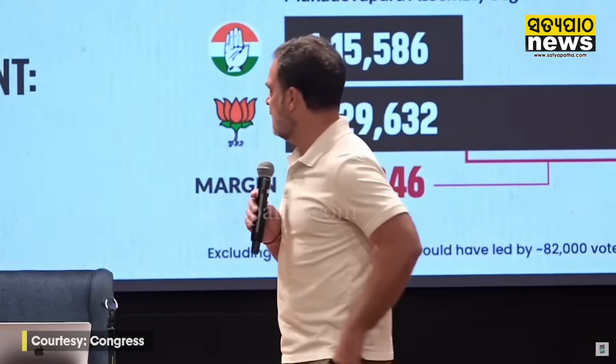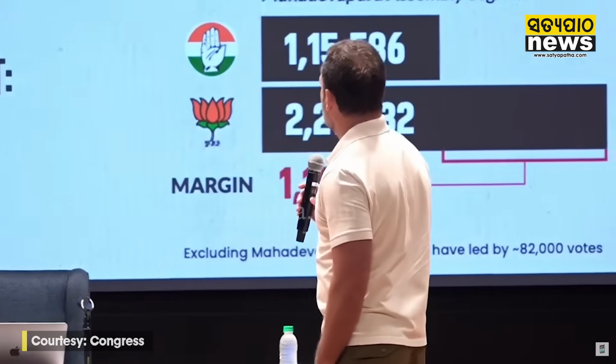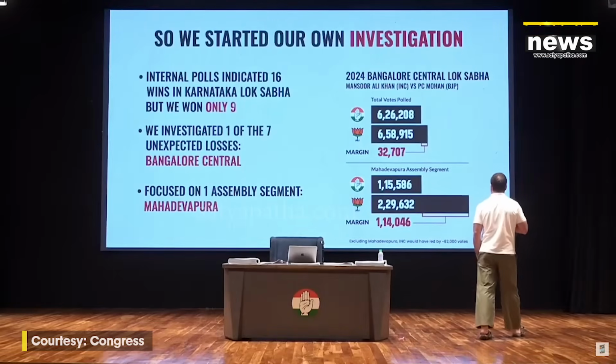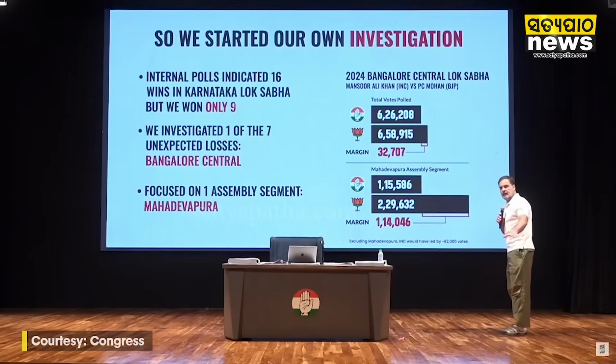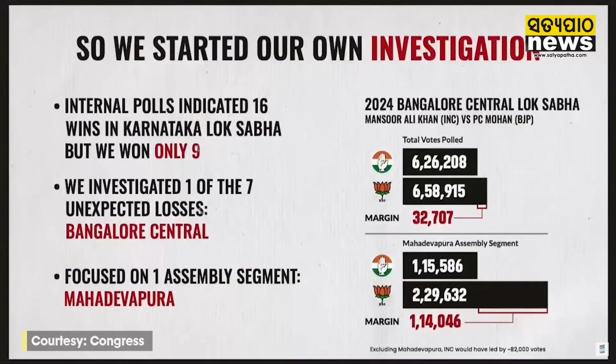So we chose 1 Vidhan Sabha, focused on Mahadevapura. And here's the broad maths. All the data that we have here is 2024 data from the Election Commission. Everything that we have here is their data. They have given it to us in this form.